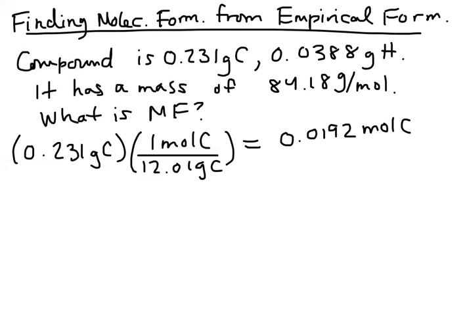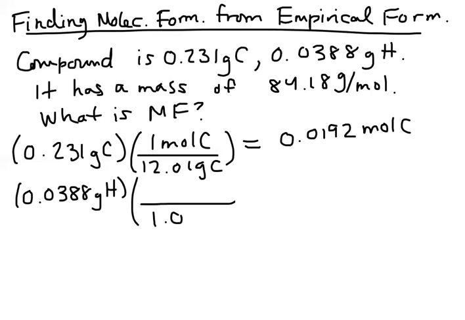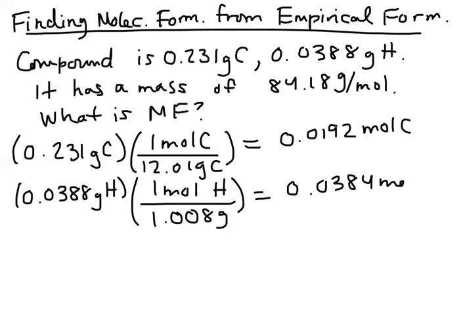And we take 0.0388 grams of hydrogen. I'm going to turn that into 1.008 grams per 1 mole of H, and that gives us 0.0384 moles of hydrogen. Now, what is our lowest number? Yeah, that one, the one on the top.